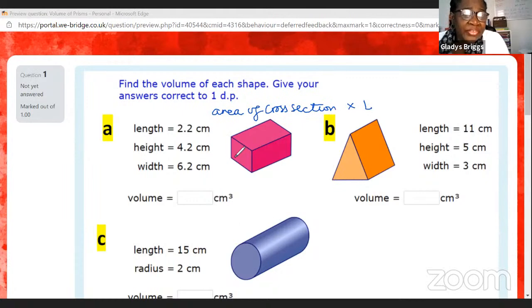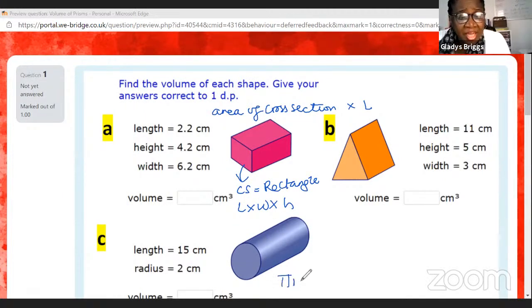Here the cross section is a rectangle, and the area of a rectangle is length times width, so it's length times width times height. Three dimensions. For here, it's a circle, so it's pi r squared times L, so pi times the radius squared times the length.